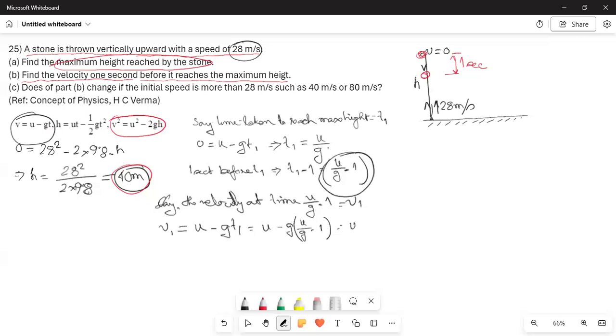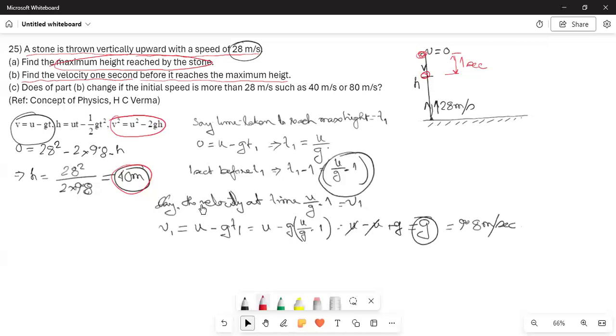This is equal to u minus u plus g, so this is equal to g. That means the velocity 1 second before it reaches the maximum height is g, which is equal to 9.8 meters per second.